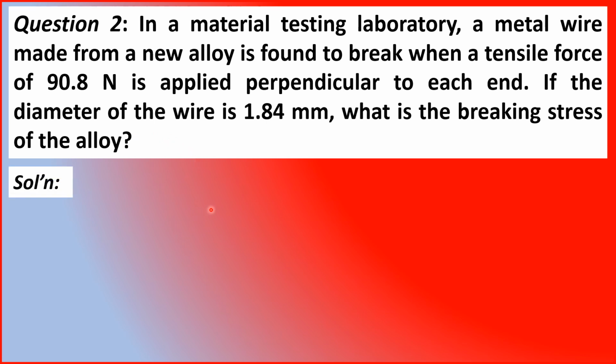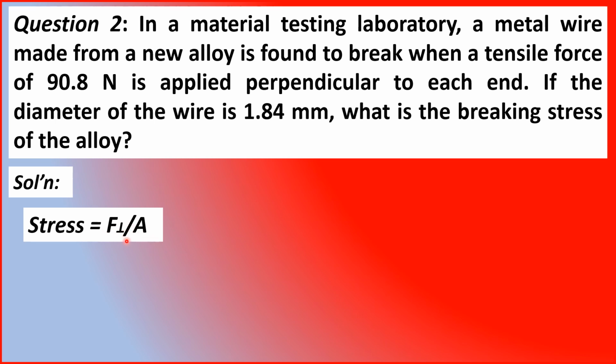So our solution to this question is just to determine the amount of breaking stress, whose formula is just equal to the amount of force, right? The amount of force, tensile force that is, divided by the cross-sectional area of the metal wire.